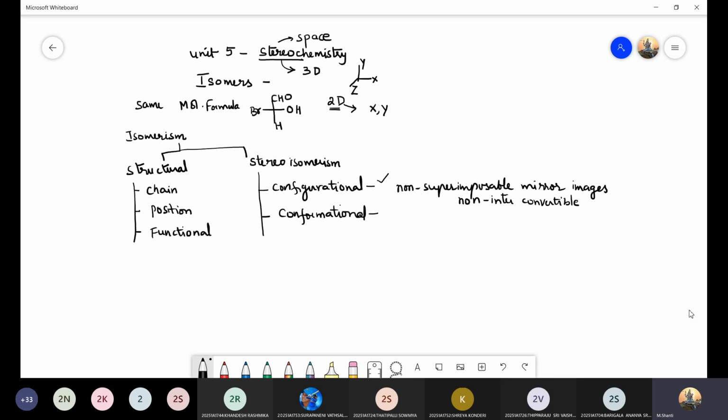Now coming to the structural isomers. First we'll start with the chain isomers, or chain isomerism. I'll give you an example.